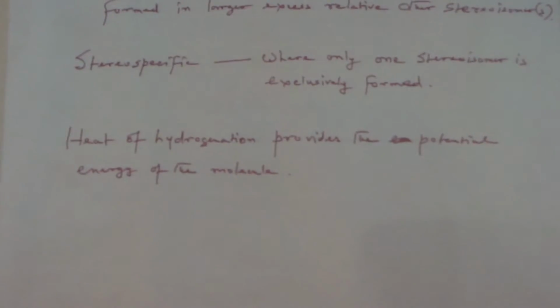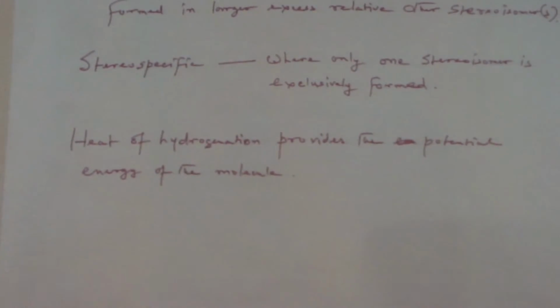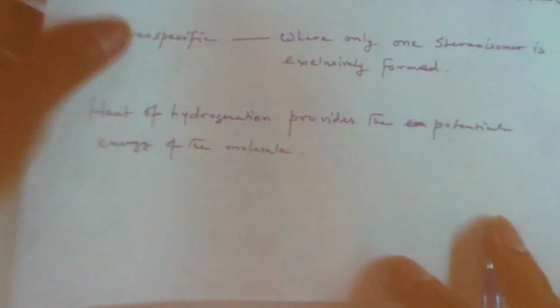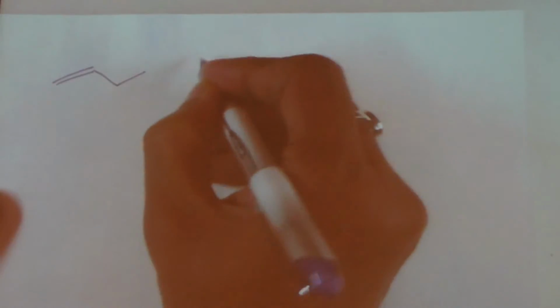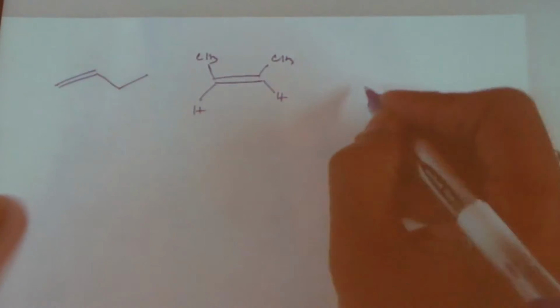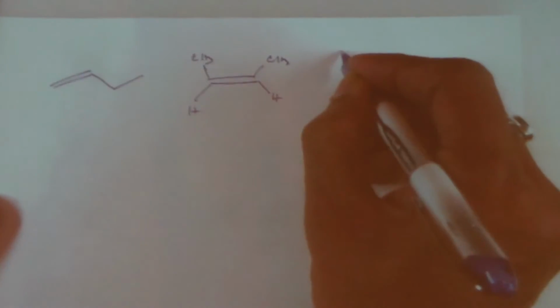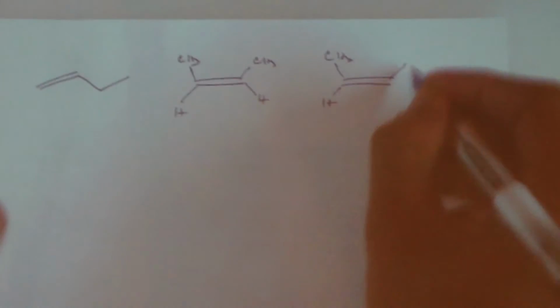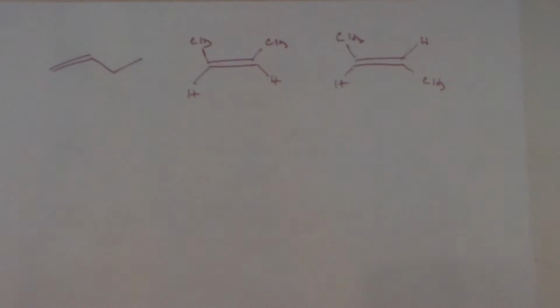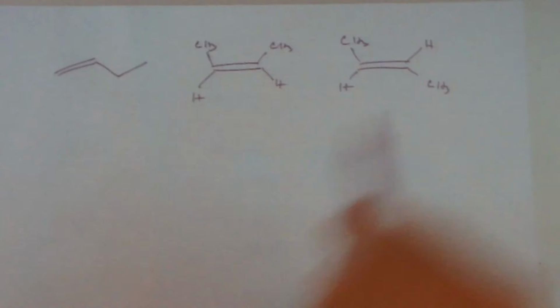So with stereoisomers, if we see that we have these, these are all isomers.